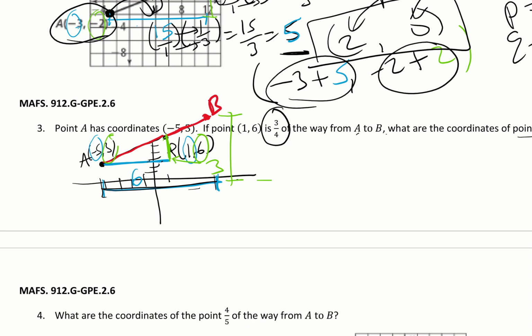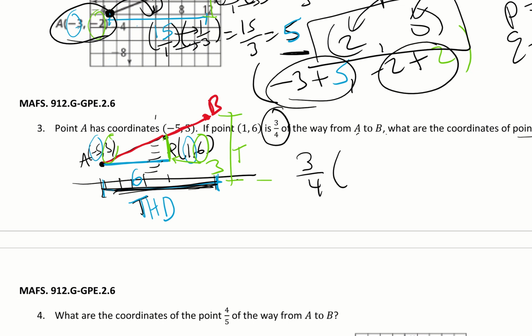Okay, so how do I find it? Well, let's set up an equation. I know that I need to find 3/4 of this total. Call this big blue one the total horizontal distance, because this is horizontal, not vertical.